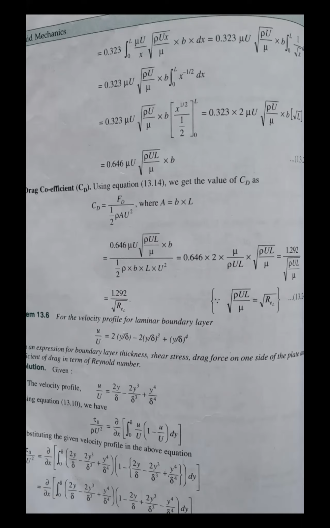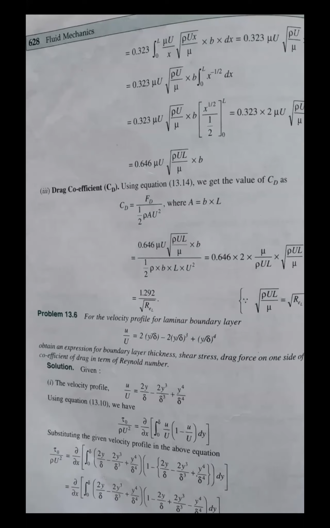And in this way, see here what way this textbook follows. More number of problems are given, because for a student to understand the boundary layer concept, you have to do at least three problems.